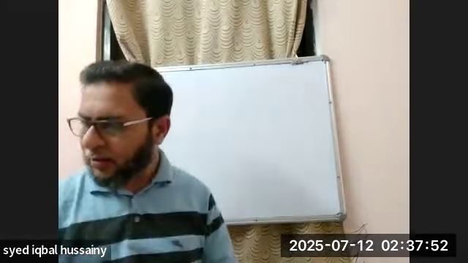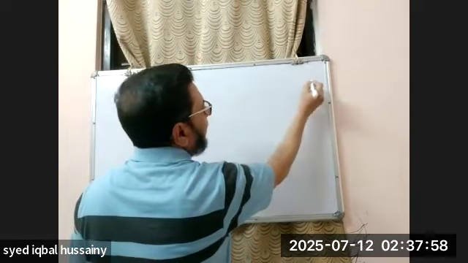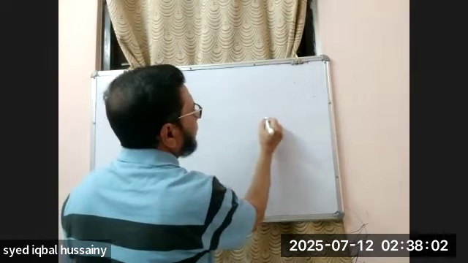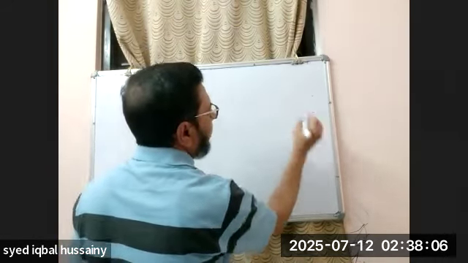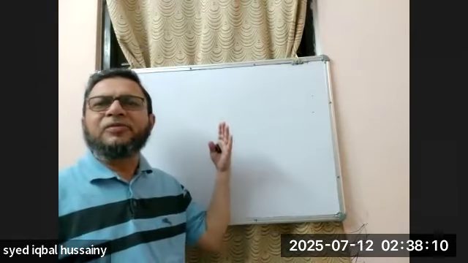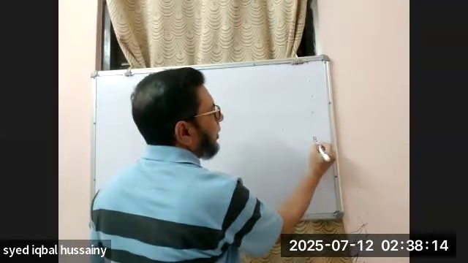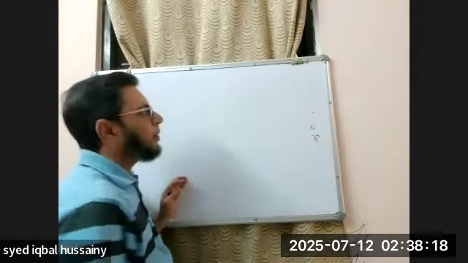Now take down the numerical. If I keep a dot here, you know that magnetic field lines are coming outside. So magnetic field lines come outside.